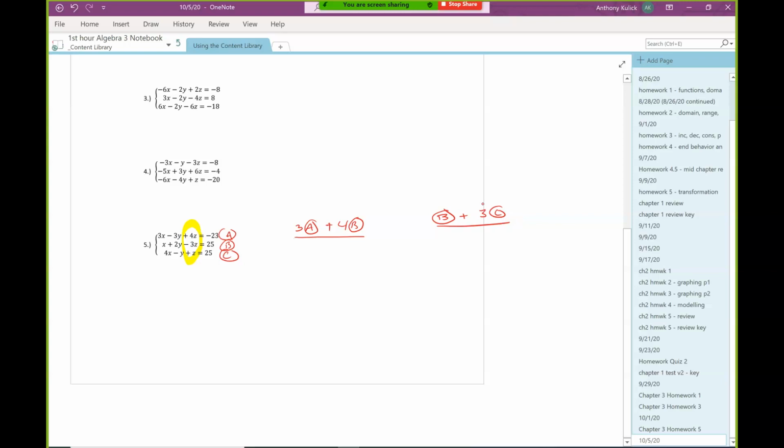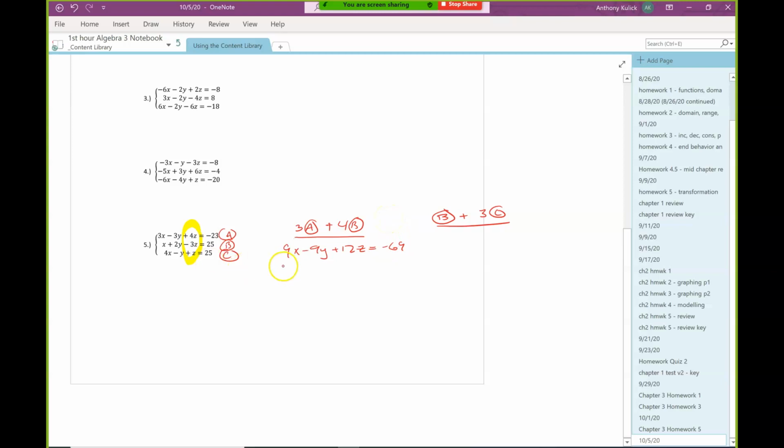So let's write down what that is then. 3 times 3x is 9x. 3 times 3y is negative 9y. 3 times 4 is 12z. And 3 times 23 is negative 69.